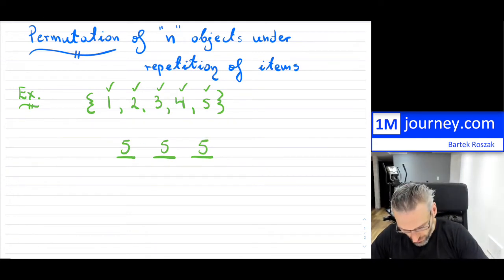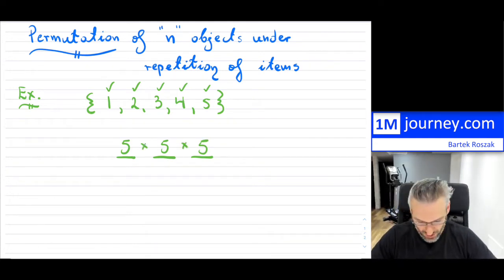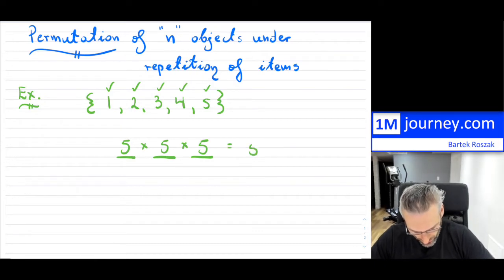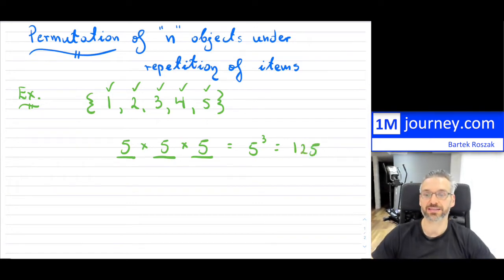So by the multiplicative result, we get 5 to the 3, which would have been 125 different permutations, just different numbers in general. So that's the first thing we do when you are allowed to repeat something.